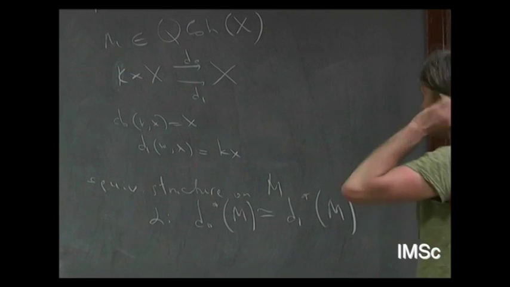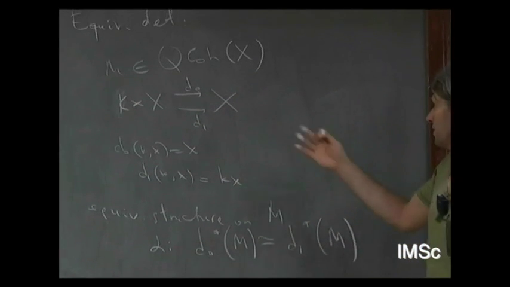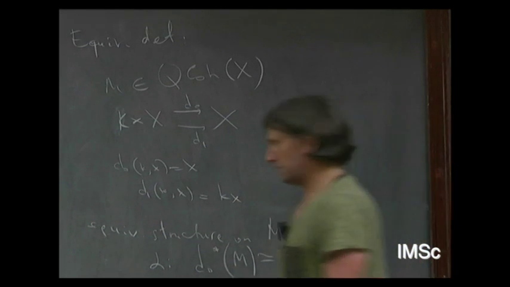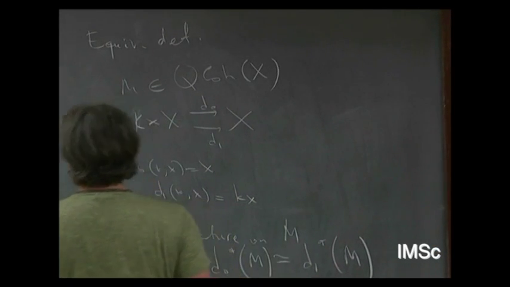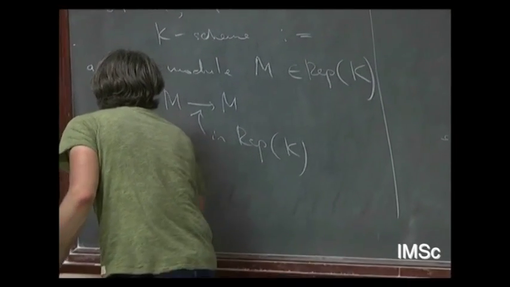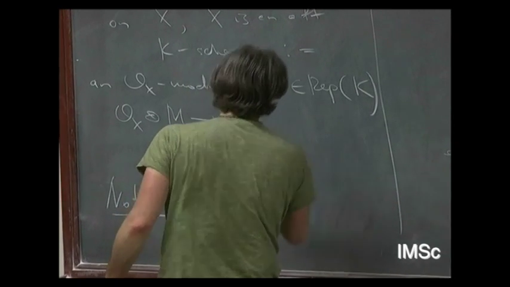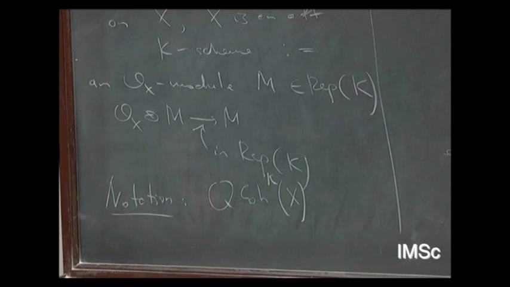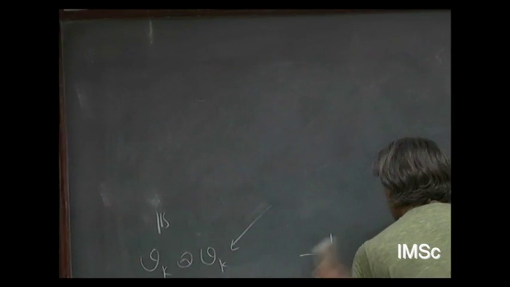And an easy exercise is that in the affine picture, when X is affine, the two definitions are actually equivalent. Anyways, we have this category of quasi-coherent sheaves on X, equivariant with respect to K, and I'll be using it later. What I don't want to explain is operations on equivariant sheaves.